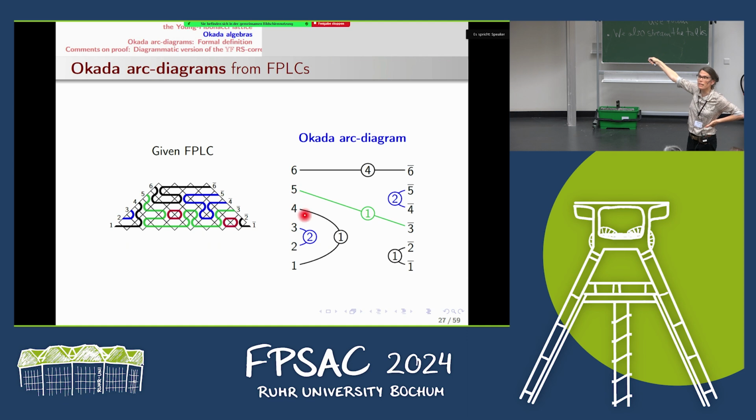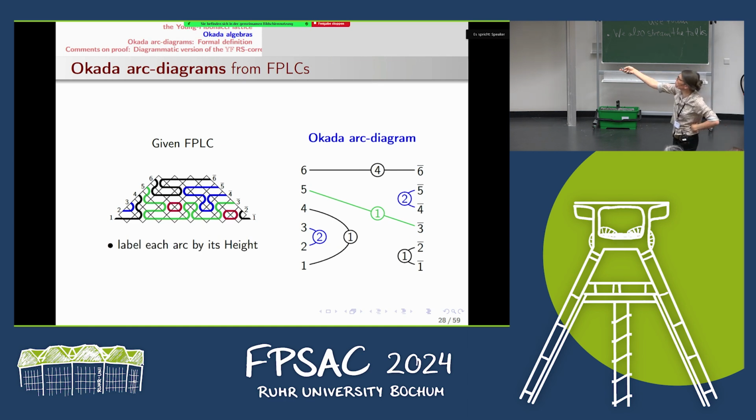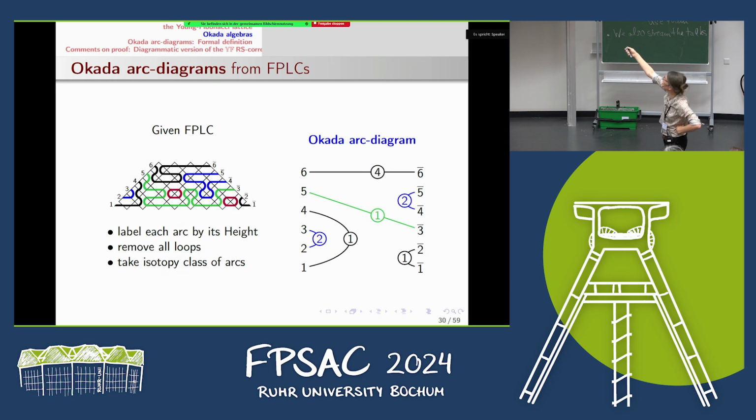This is basically a Temperley-Lieb diagram where the arcs have been labeled by their heights coming from the fully packed loop configuration. This is just a prescription for making this Okada diagram. The thing on the right is an isotopy class of arcs where we've thrown out any loop.